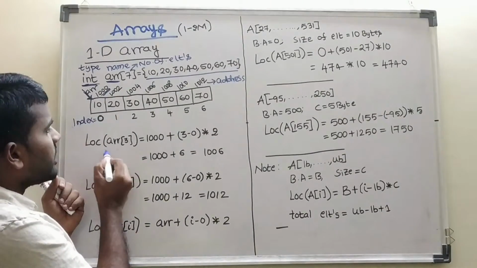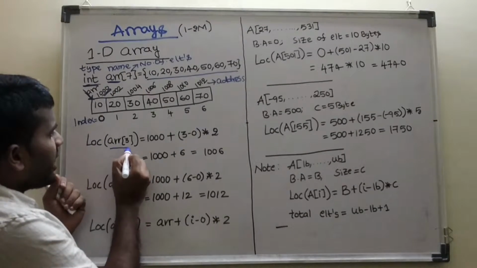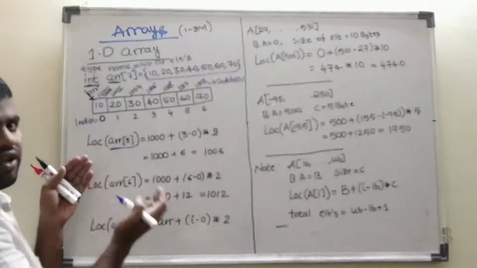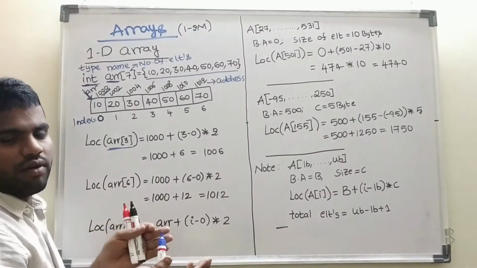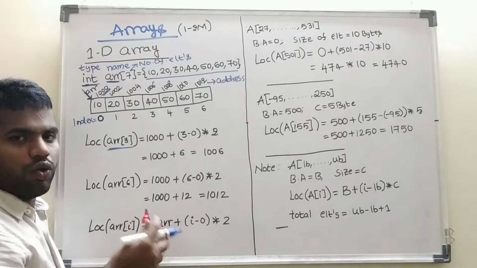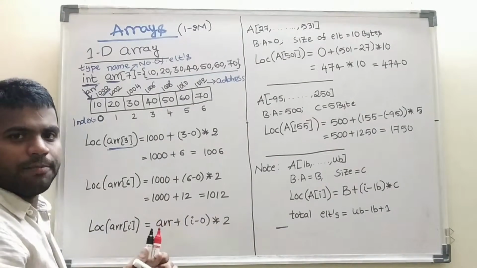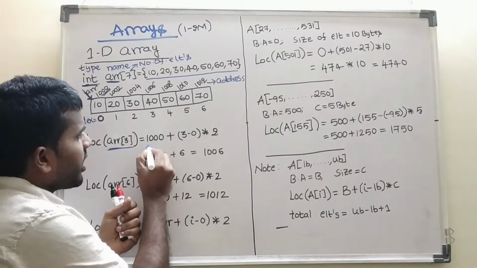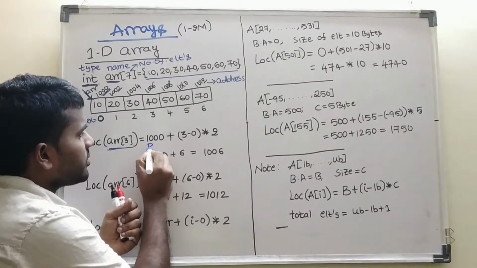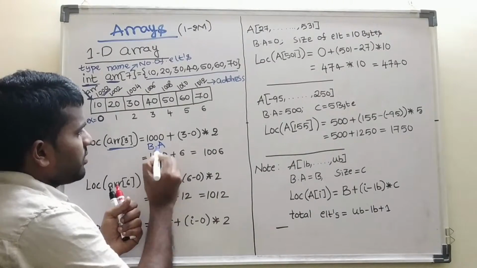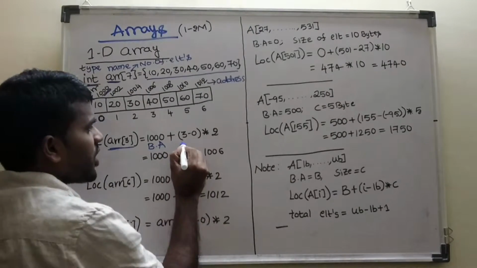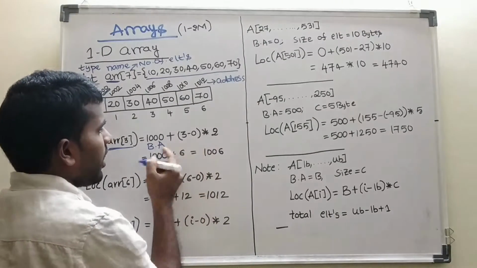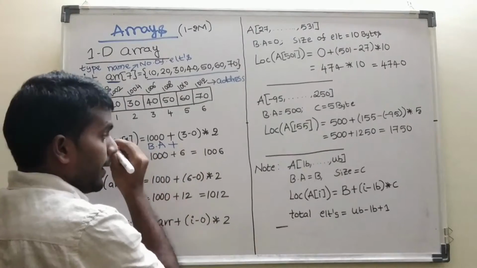So there is an example, we will see it. What is the location of array element 3? How do you find array of 3? You don't know the address of array 3, so we always take the starting address, called the base address. This is the base address plus the required index.